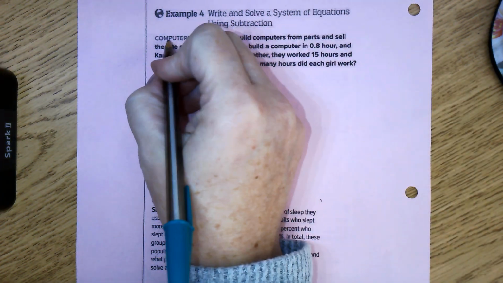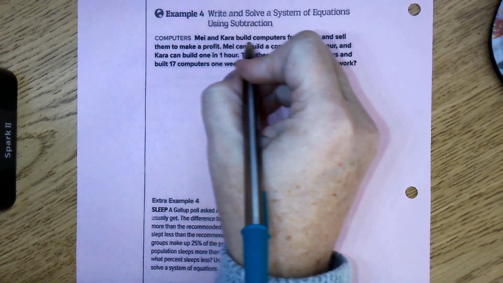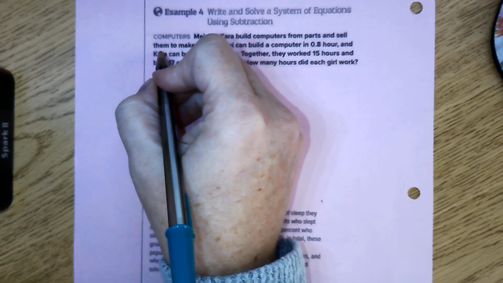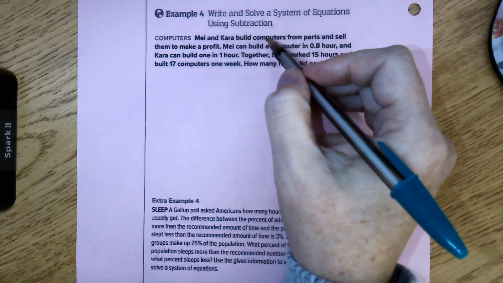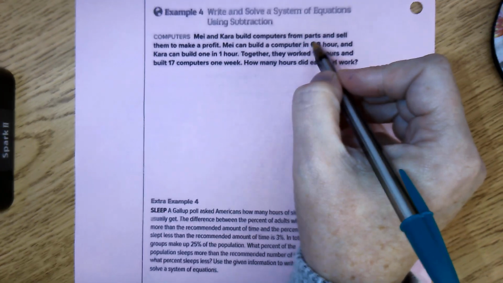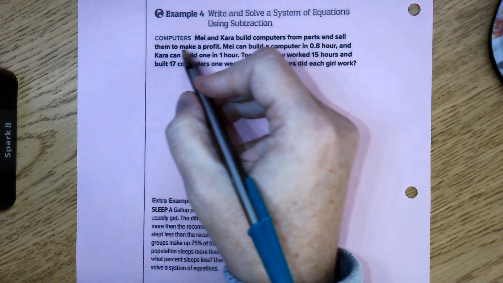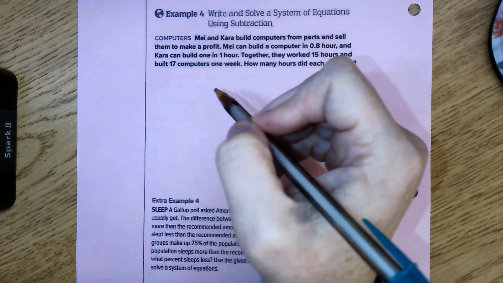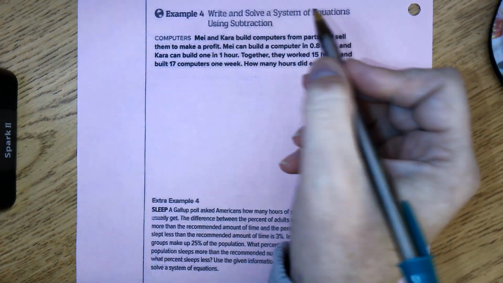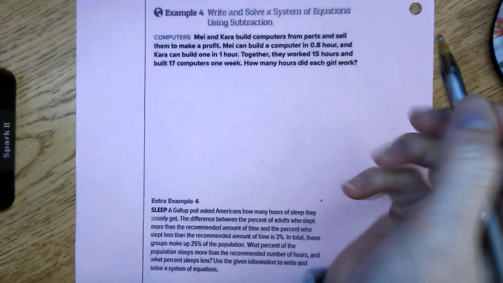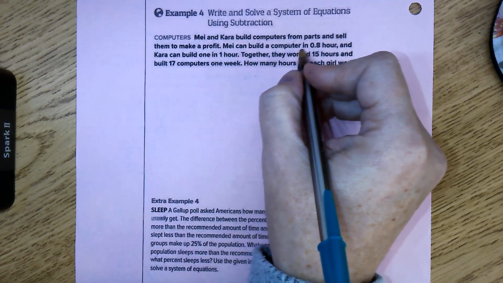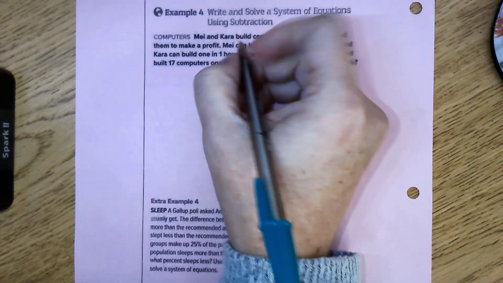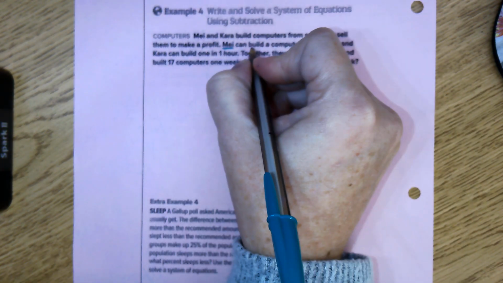Okay, so computers. May and Kara build computers for parts and sell them to make a profit. So we have two characters building computers, and they build them, and they make a profit. So they do two things with those computers. It says May can build a computer in 8 cents of an hour.